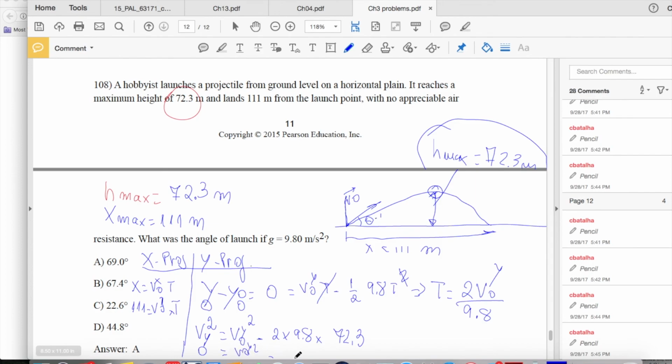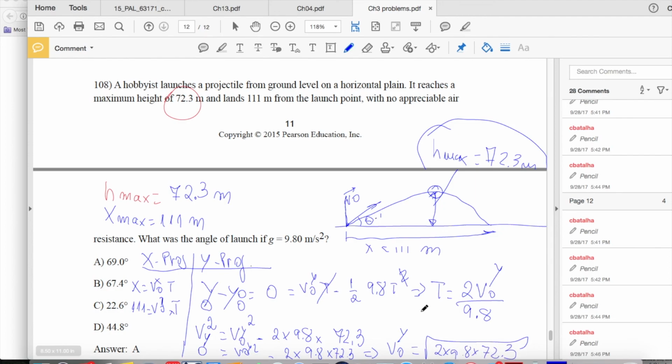Which means we can find our initial velocity in y. So v naught y is equal to the square root of 2 times 9.8 times 72.3.